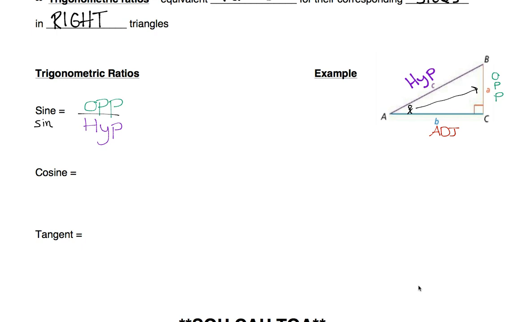Cosine is the ratio of the adjacent side over the hypotenuse. And the tangent is the opposite side over the adjacent side.